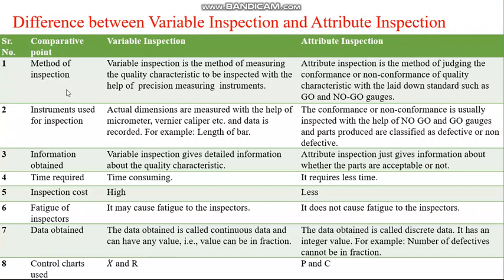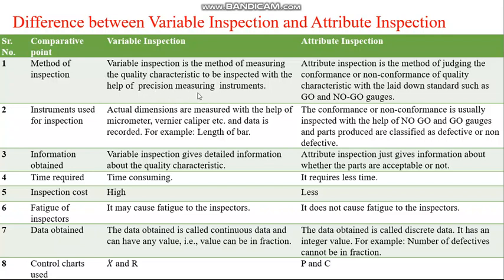Now the first point is method of inspection. On the basis of this, let us see how variable inspection or attribute inspection differ. Variable inspection is the method of measuring the quality characteristic to be inspected with the help of precision measuring instruments.